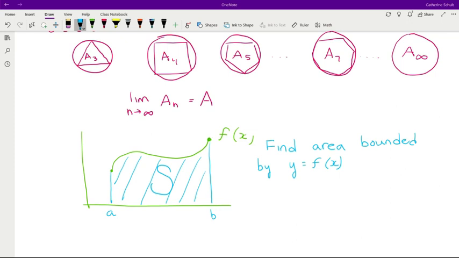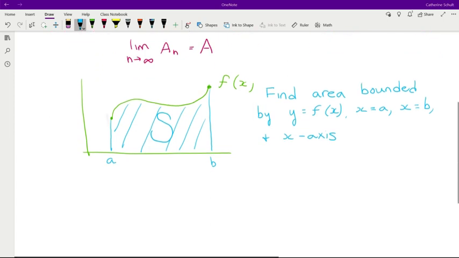So essentially this is the boundary x equals a. Then we have another boundary, x equals b. And then our last boundary is the x-axis. And our approach is going to be something similar to what we did with the area problem. So let's write that down.